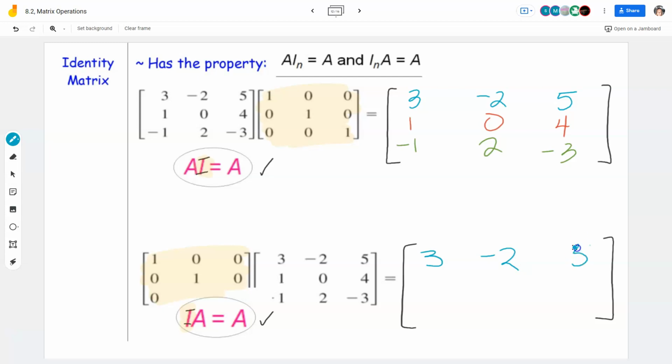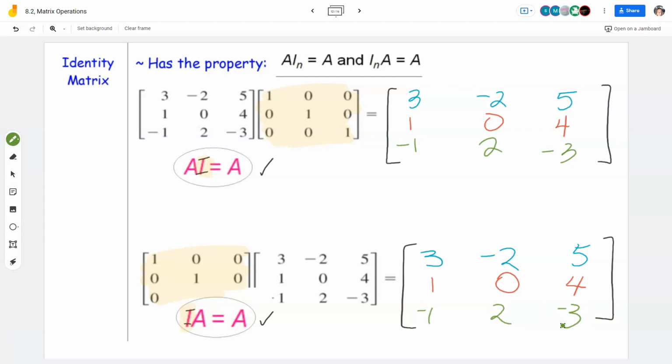This was probably the more straightforward one, but they both work and end up getting the exact same matrix. Only the identity matrix. Second row, first column. 0, 1, 0. 0, 0, 0. 0, 4, 0. And then I am going to end up getting -1 to -3.